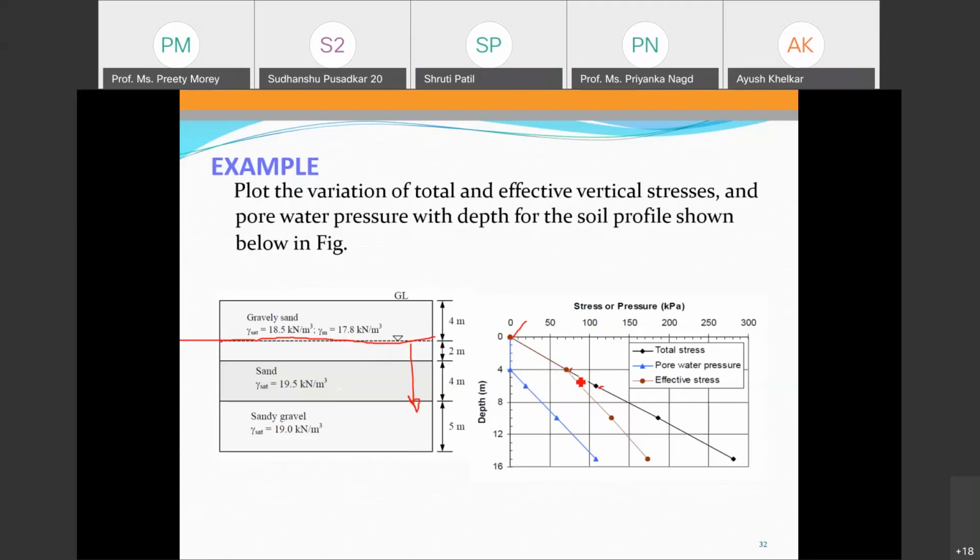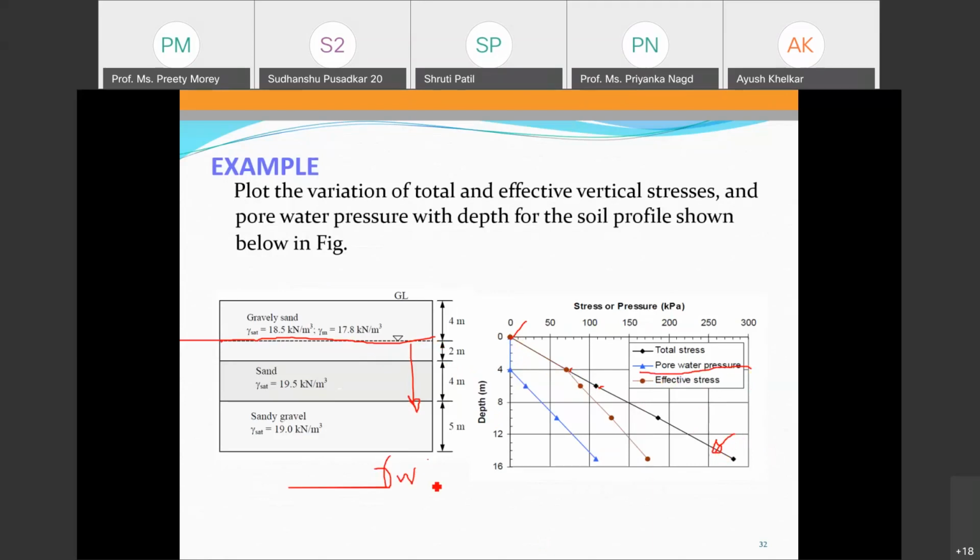Okay, so the earlier addition which we have done has been done, and this figure is drawn based upon the total stress. Okay, now as I said, this indicates the pore water pressure. What is that pore water pressure? Pore water pressure, I say, is gamma W into HW.